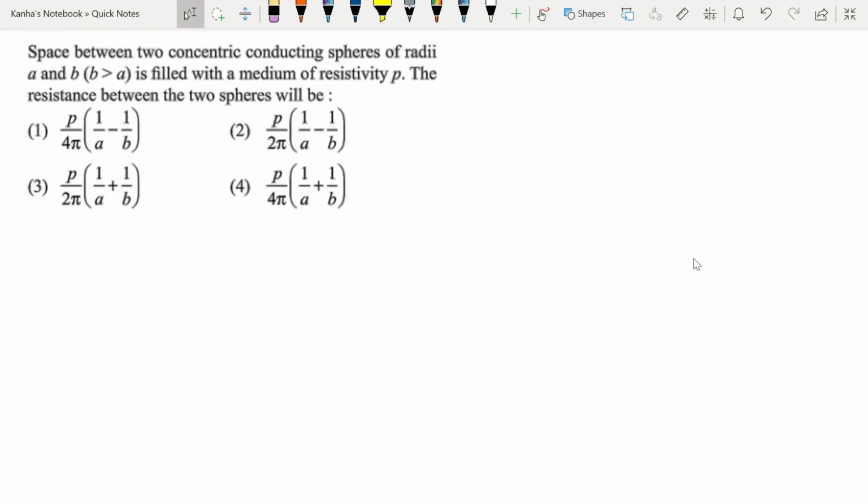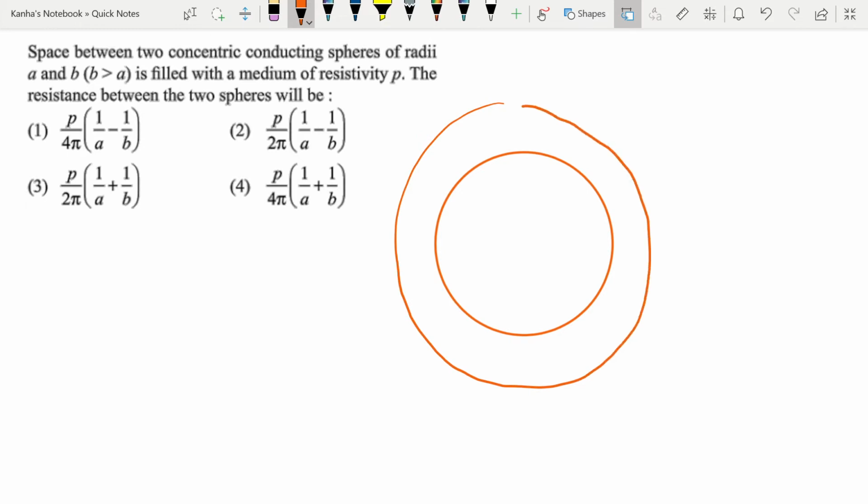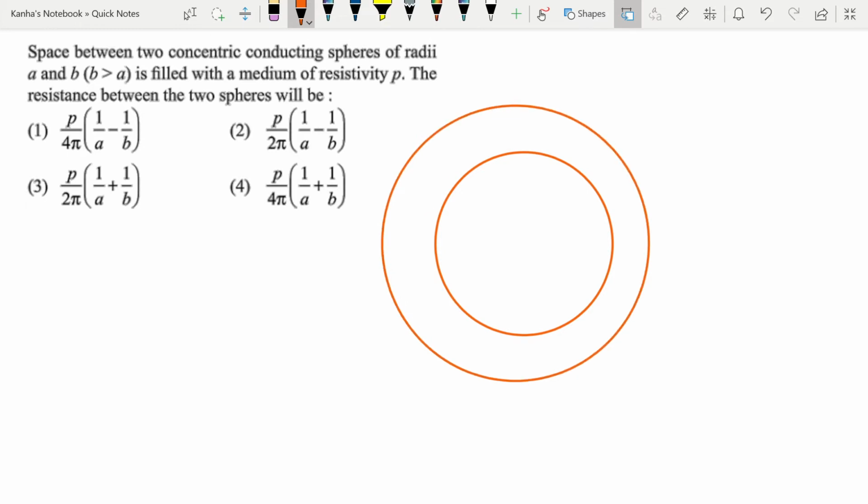Let's look at the next question. The space between two concentric conducting spheres of radius A and B is filled with a medium of resistivity rho. The resistance between the two spheres will be given by what? So let me just try to draw the spheres for you. I have two concentric spheres, and let this be the center.